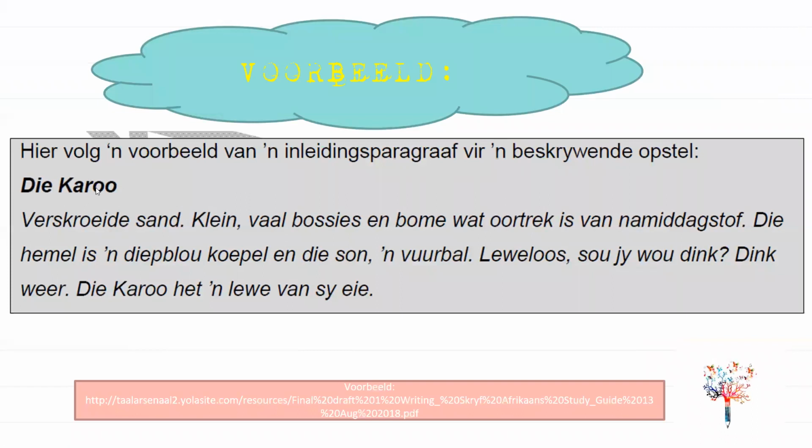Now die Karoo is a place in the Cape Province, a very beautiful place, very dry, but an amazing place. Verskroeiende sand, burning sand, that's what I'm going to say.